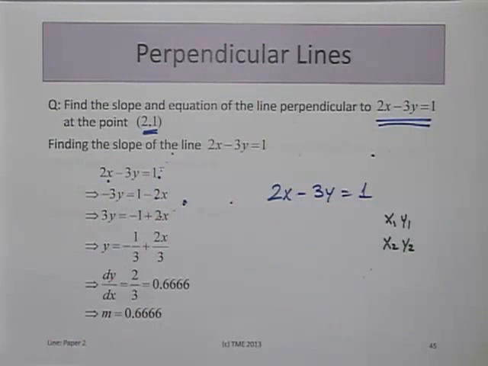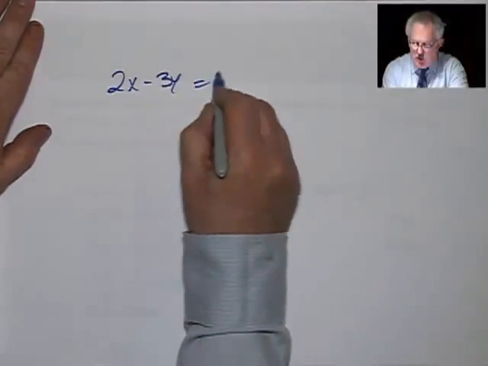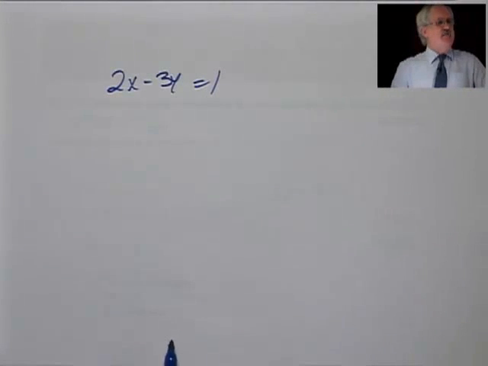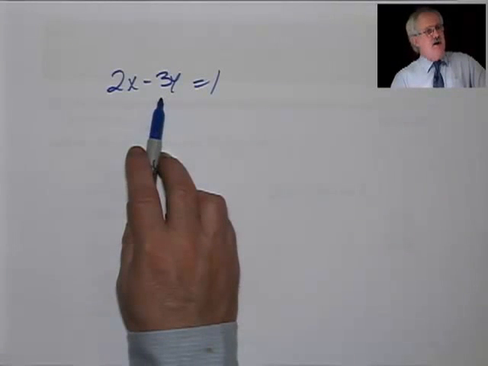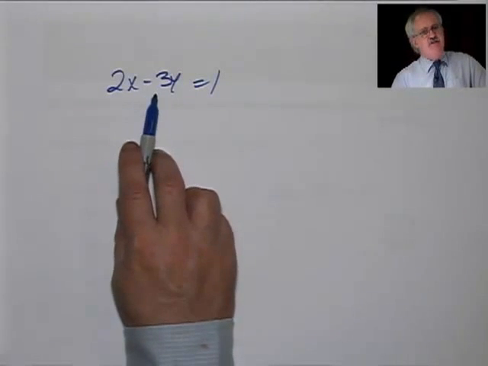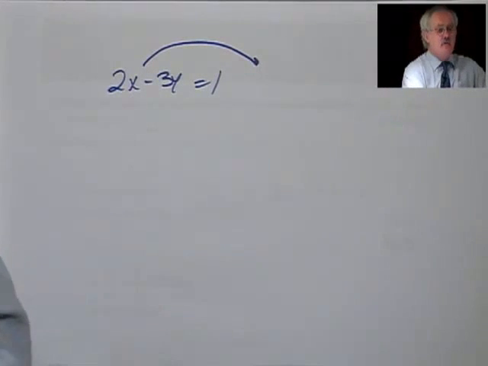Well, before I get into perpendicular for the moment, if somebody said that the red line here was 2x minus 3y is 1, couldn't I find the slope a much easier way? Let's put all the y's on one side. How do I get rid of the x's here? How do you get rid of a plus on this side?